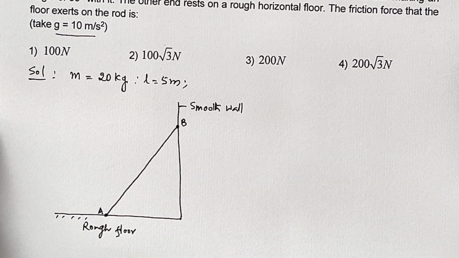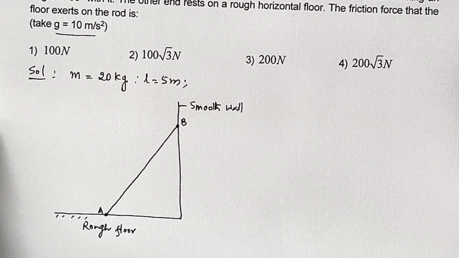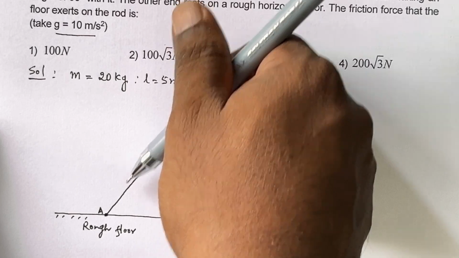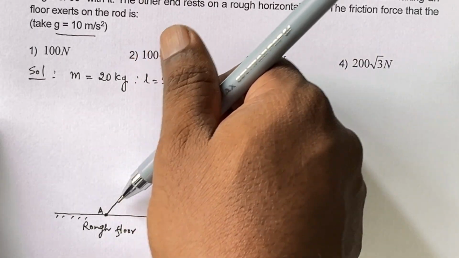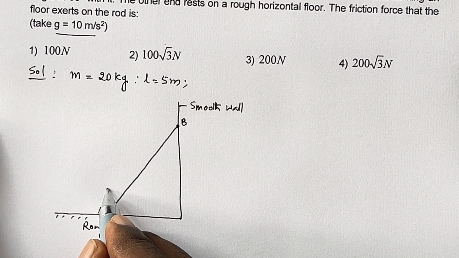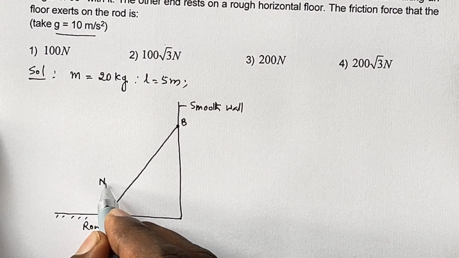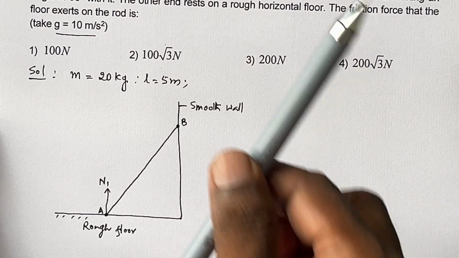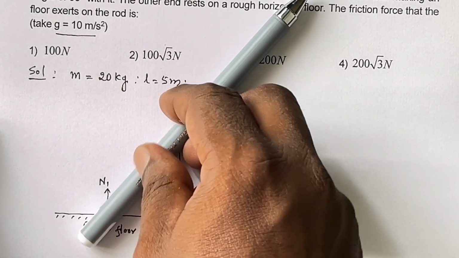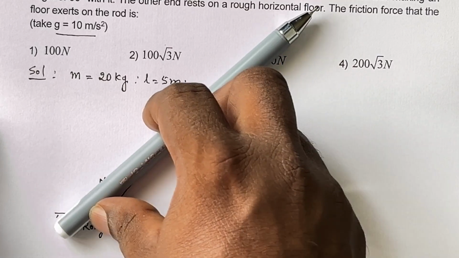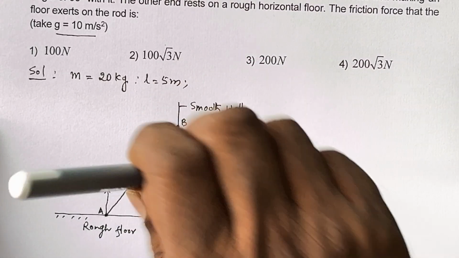Let us see what are the forces acting at A and B. Whenever the rod is placed on a rough floor, the floor applies a normal force on the rod. And the rod, because of its weight, wants to slide horizontally.